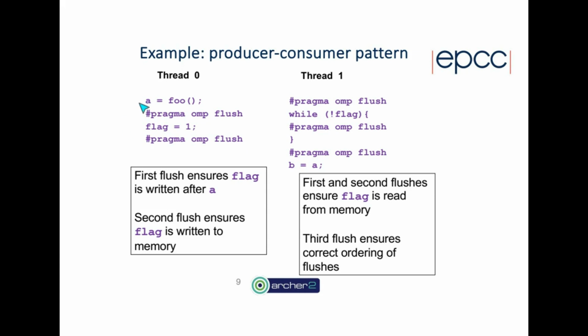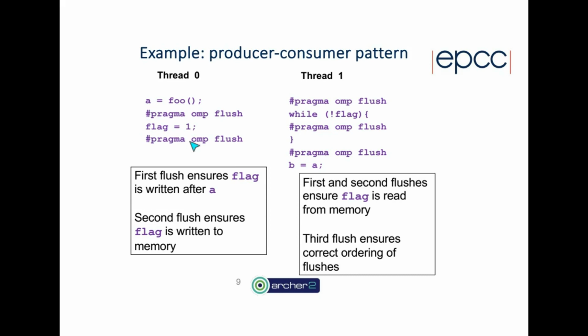On thread 0, this first flush guarantees that the write to A and the write to flag are not reordered. A flush guarantees that all previous writes have executed and no subsequent writes have happened, so that prevents any reordering of the assignment of A and the assignment of flag.